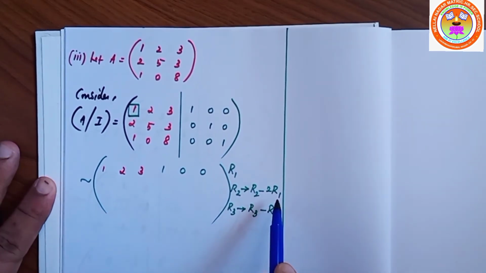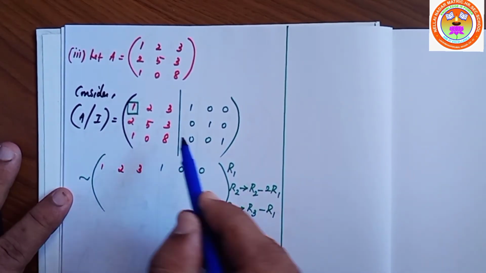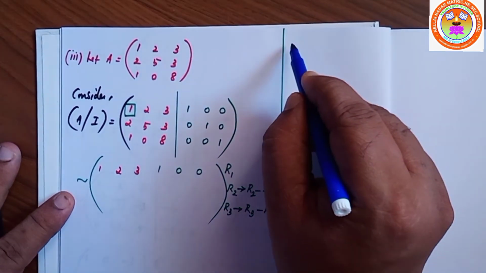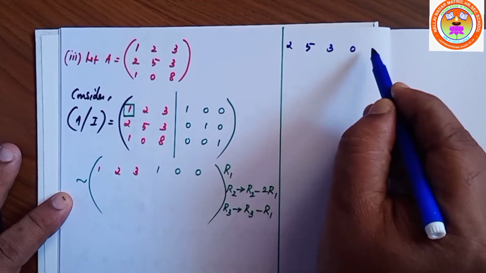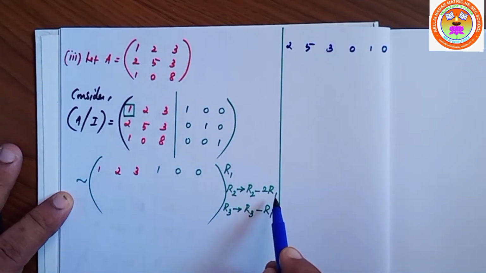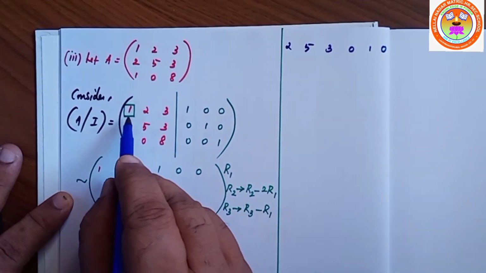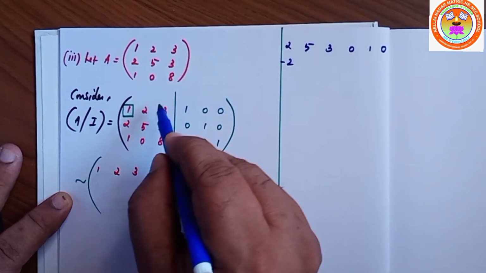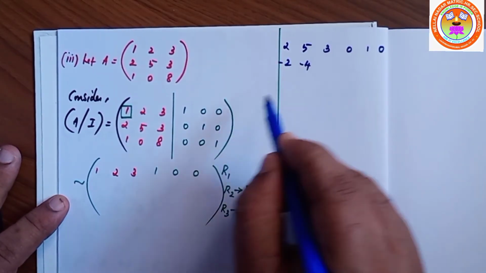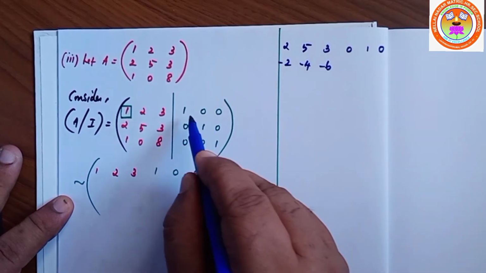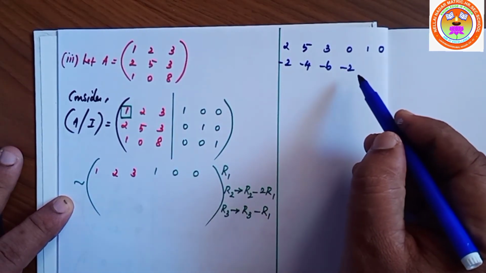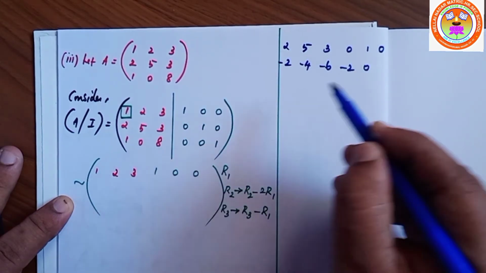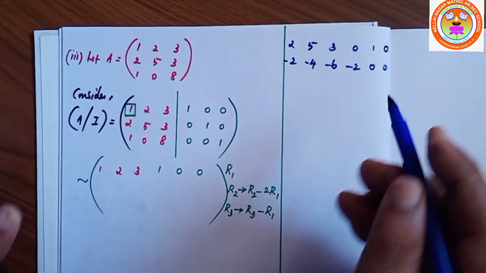R2 minus 2 R1. So R2 write as it is, 2 5 3 0 1 0. R1 multiplied by minus 2: 1 into minus 2, minus 2, 2 into minus 2, minus 4, 3 into minus 2, minus 6, 1 into minus 2, minus 2, then 0 into minus 2, 0, 0 into minus 2, 0.